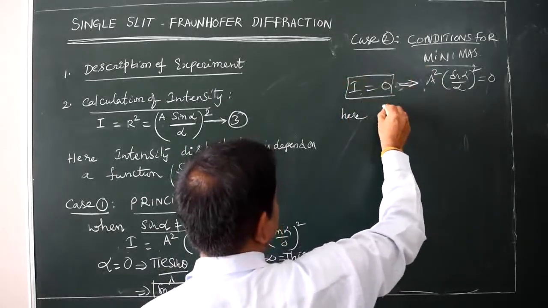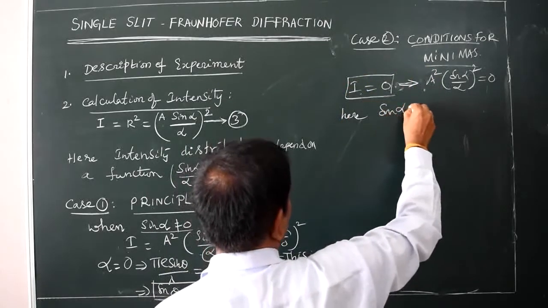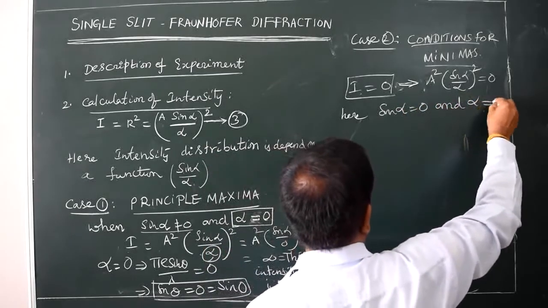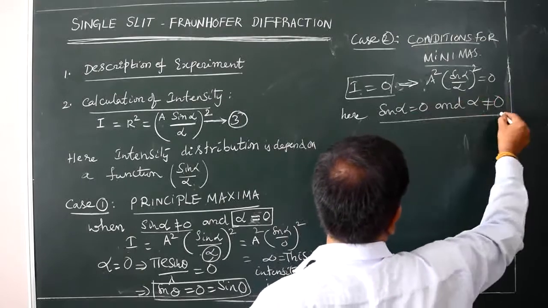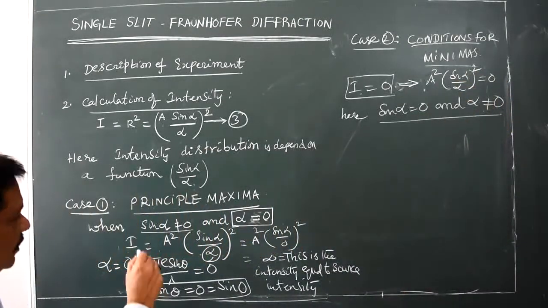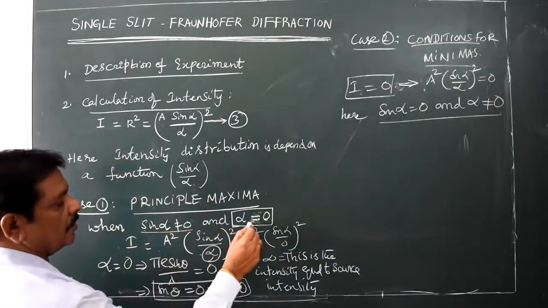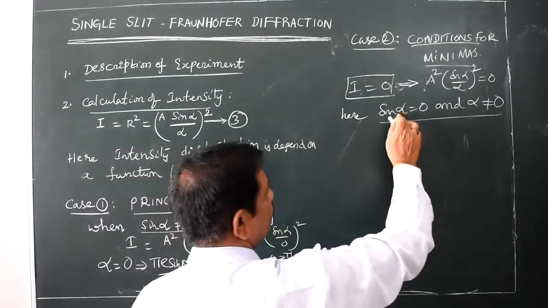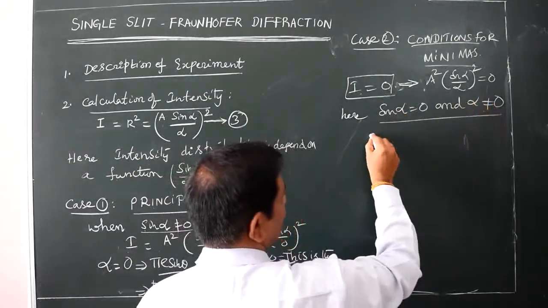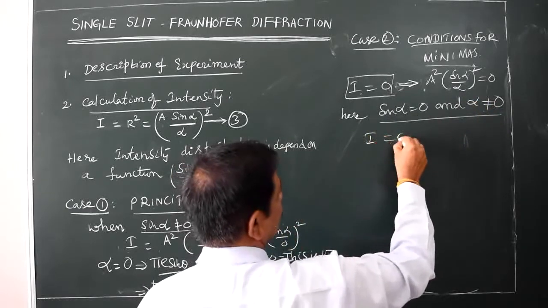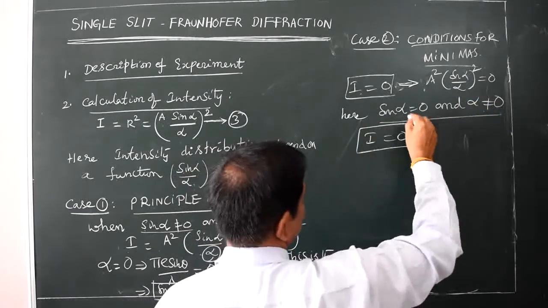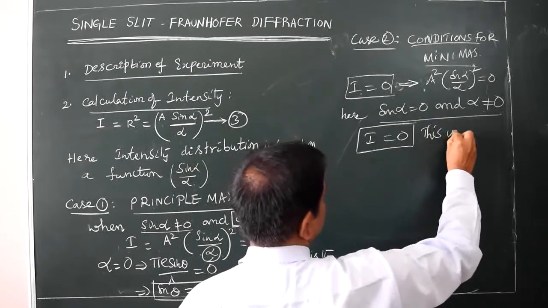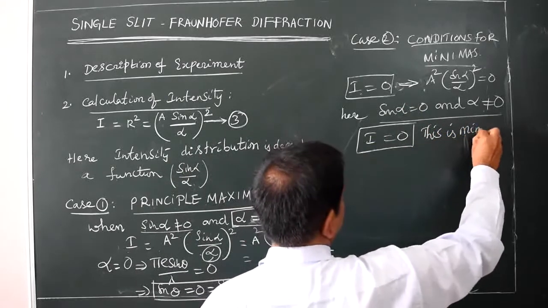The condition is sin alpha should equal 0 and alpha is not equal to 0. Here, when sin alpha is not equal to 0 and alpha is equal to 0, I becomes infinity. But when sin alpha is equal to 0, I is equal to 0. This is minimum intensity.